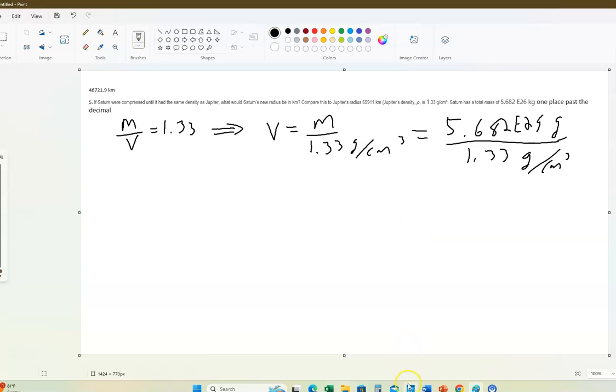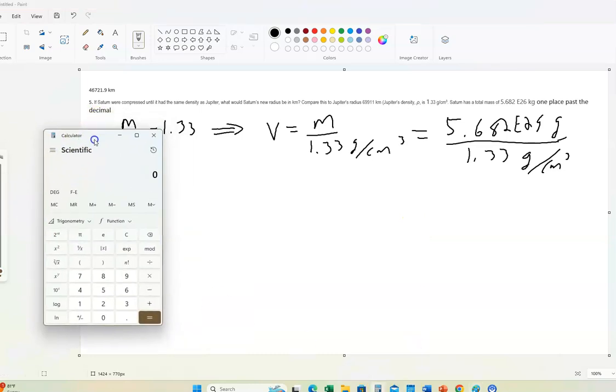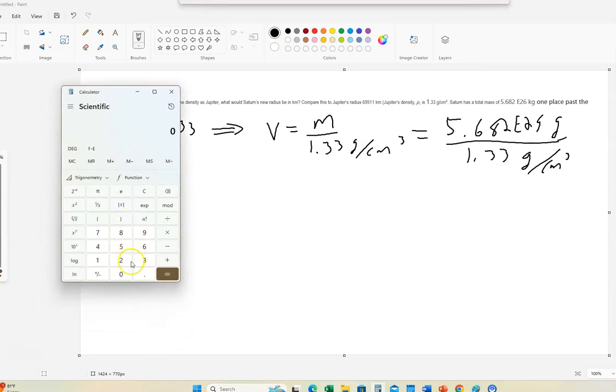All right, so let's get our calculator. It's going to be 5.682 times 10 to the 29th divided by 1.33. All right, there we go. So that's going to be our volume.